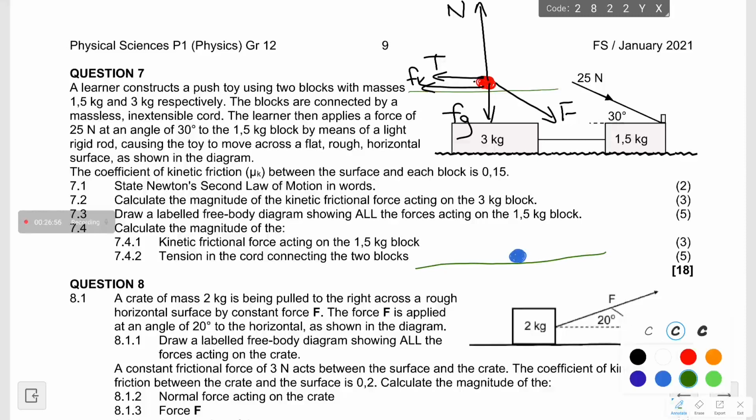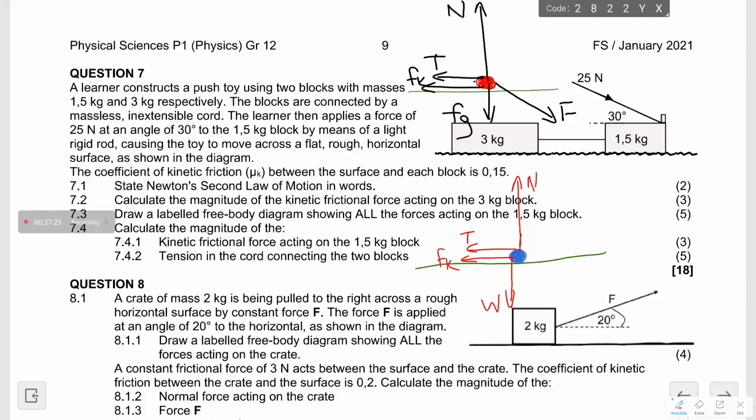We are going to have the object on the surface as normal, and then the rest of the forces are going to be there as normal. We're going to have the normal force going upwards. We're going to have the force of gravity going downwards, and then we're also going to have tension and kinetic frictional force to the left, and then finally we are going to have the vertical component of the applied force going downwards, and then the horizontal component of the applied force going to the left, right?